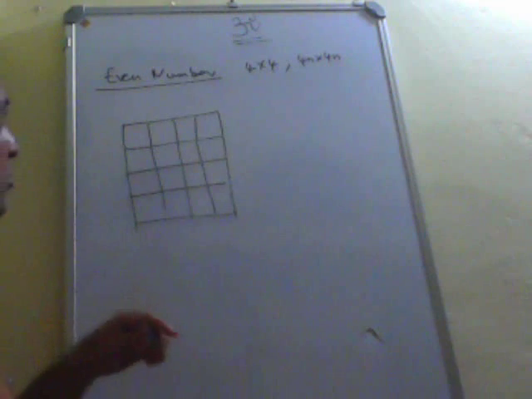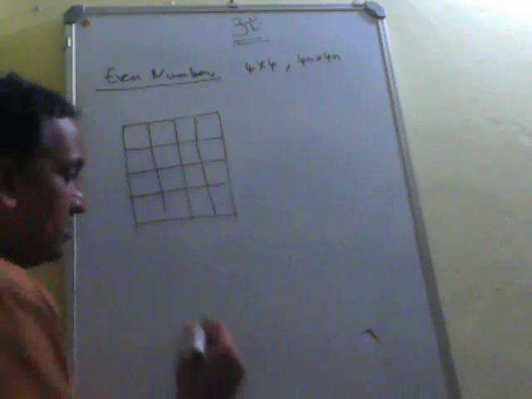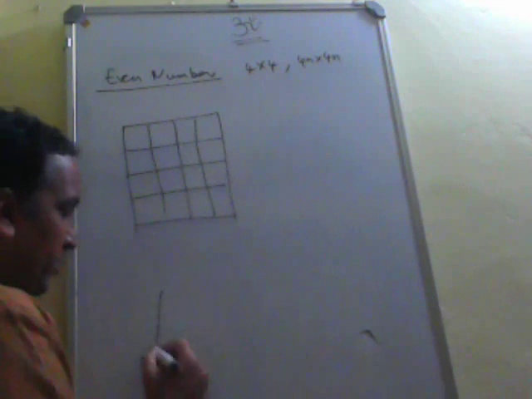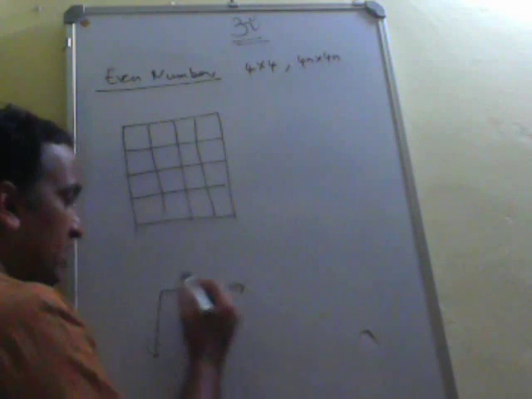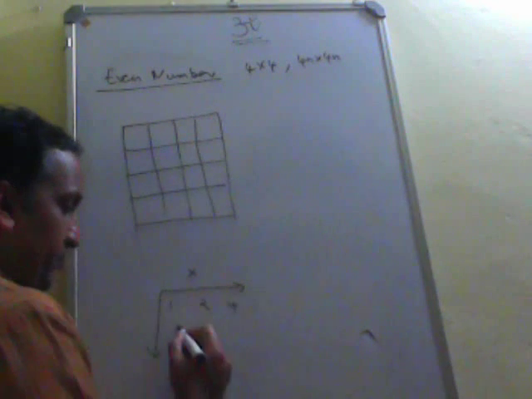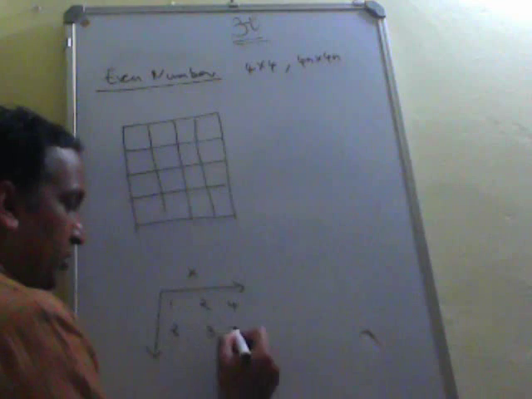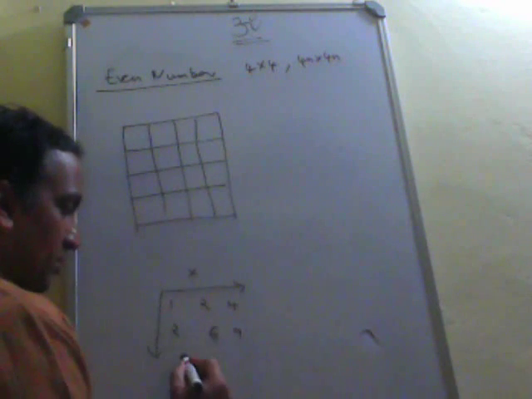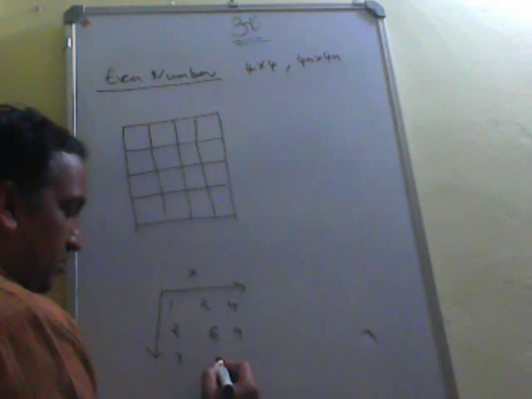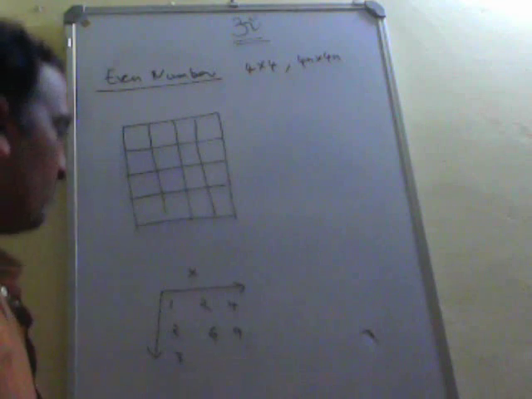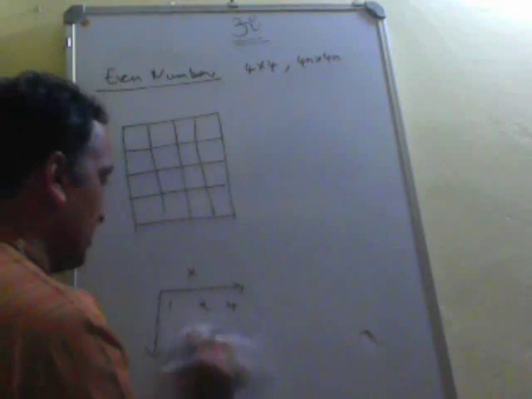Okay, one more thing I forgot to mention in the 3 by 3. You can take 1, 2, 4, then 3, 6, 12, then 9, 18, 36.